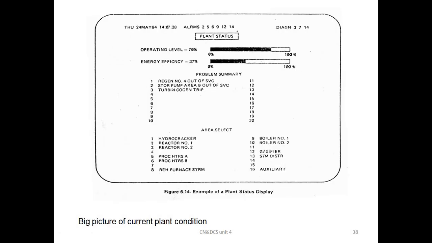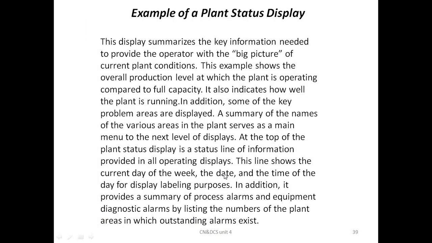And then display as a form of operating level, then energy efficiency, then registration, then stop pump, then turbine, then hydrovac and reactor 1 and reactor 2, and then furnace stream.